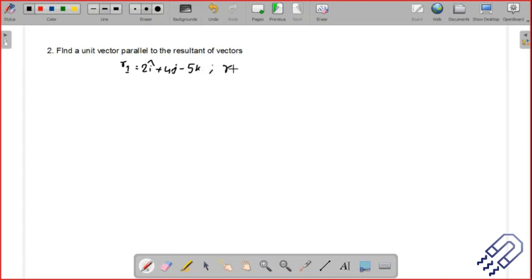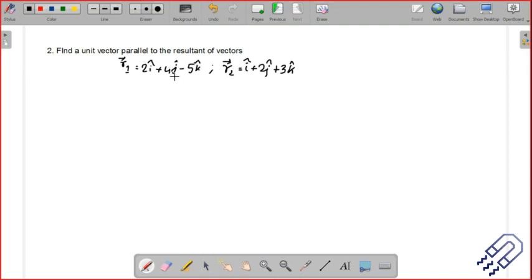And then we have one more vector R2, which is i plus 2j plus 3k. So there are two vectors given here, R1 and R2. You have to find a unit vector which is parallel to the resultant of the vectors.